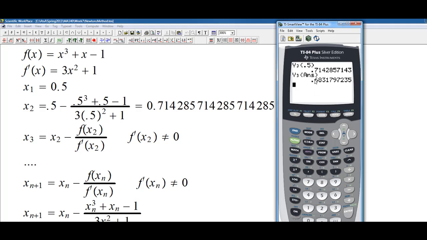So this should give us x3. Okay, and if we keep on repeating this, we will go on getting the successive values, and you can see they should converge, and so far they are showing a pretty good converging pattern.